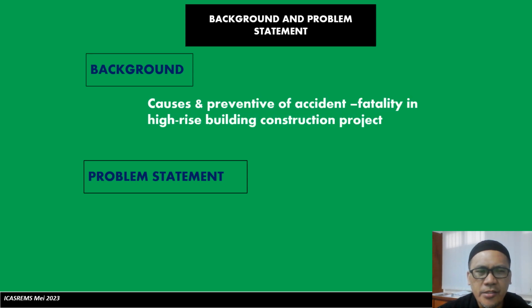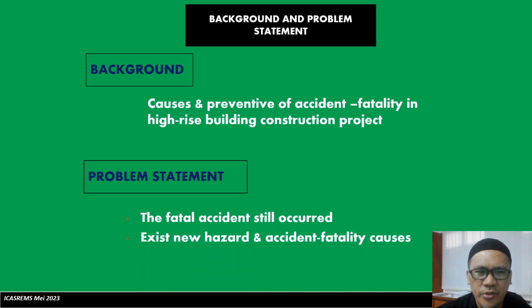So the background is talking about the causes and prevention of accidents. We are focused on the fatality in a high-rise building construction project. So the problem statement is the fatal accident still occurred during construction projects, especially for high-rise building construction projects.